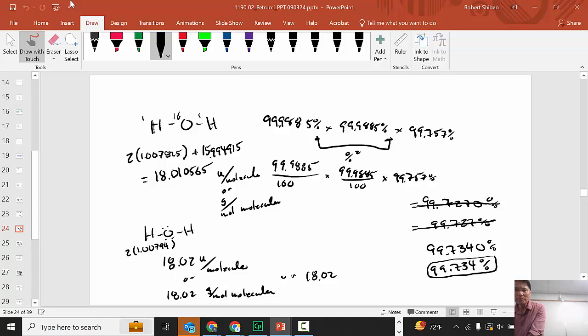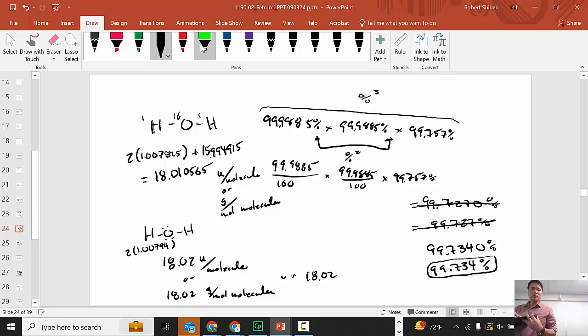Yeah, so all 3 of these multiplied together will give you the units of percent cubed.